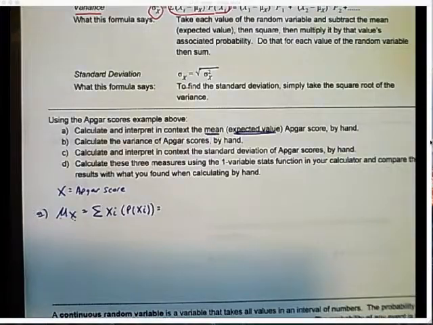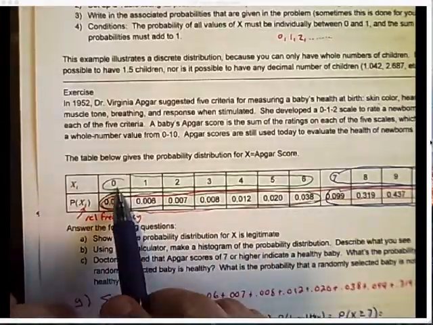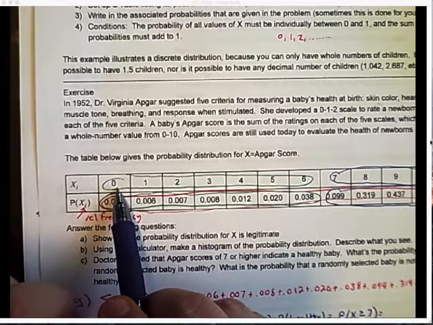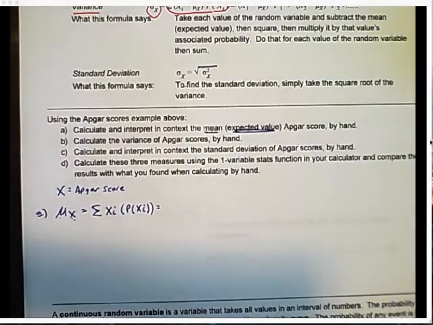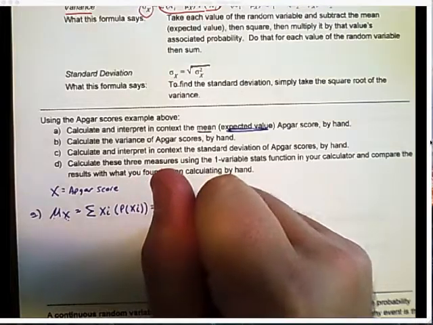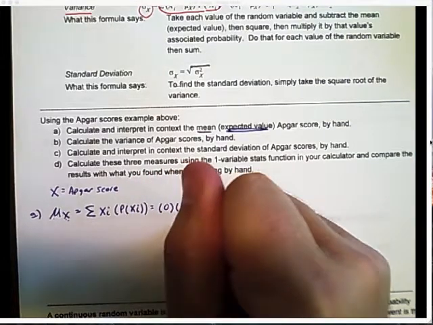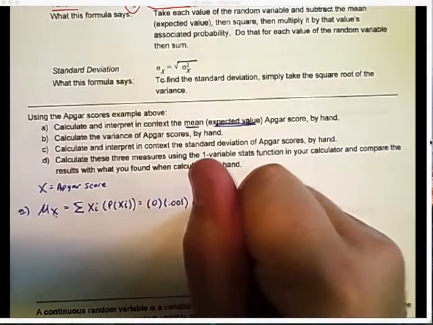So going back to the previous page, the first APGAR score we have is 0. And the probability of getting an APGAR score of 0 is 0.001. So we would do 0 times 0.001. But we have to do that for all the APGAR scores. The next APGAR score is 1.